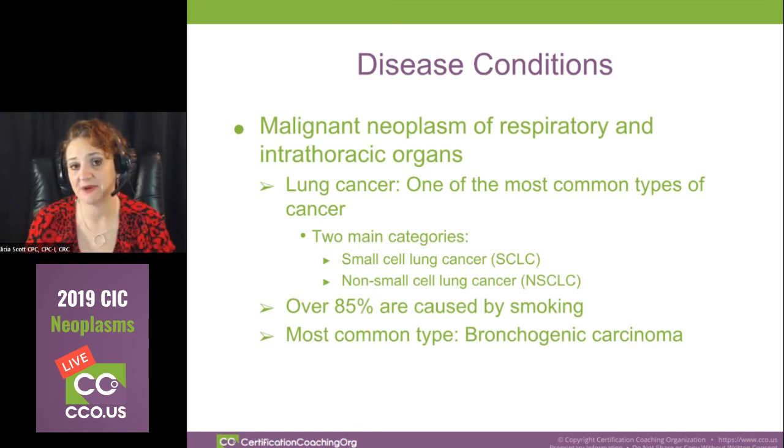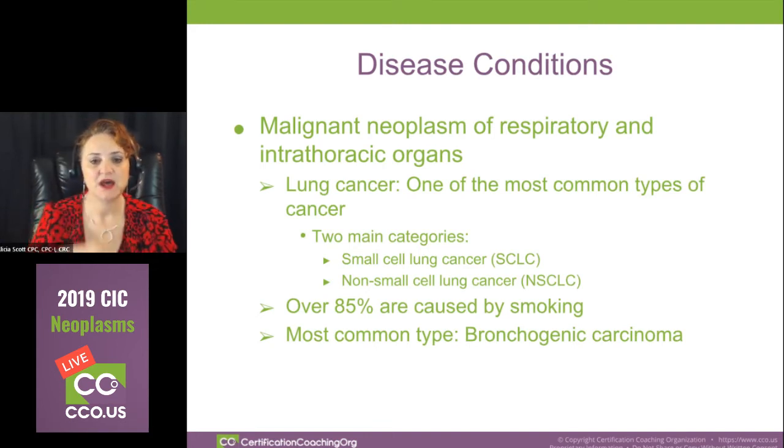85% of the time it's caused by smoking. Now, when we talk about smoking, we don't just mean you physically are a smoker. You're in a household with somebody that smokes, right? Whether you're smoking or you're in direct contact on a daily basis, that is still being inhaled.